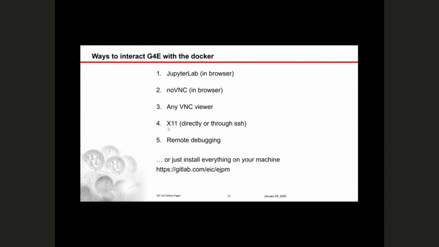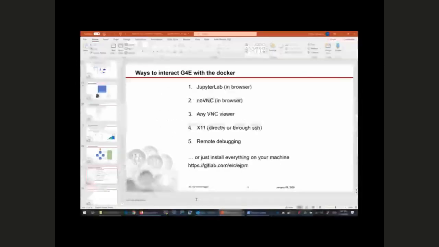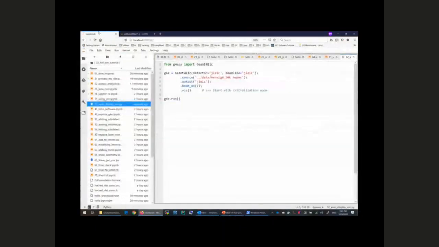You can connect it with X11 and have all those windows rendered by your machine, but it requires additional configuration, and that's why we're not using it for the tutorial. There's also remote debugging, and there's an option to just install everything on your machine, open it with your beloved editors, and just run. It's really simple. We'll come to this a little bit later. Okay, now let's go back and move forward with the tutorial.